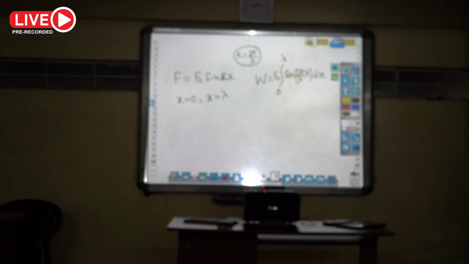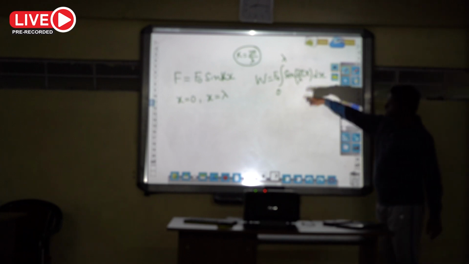The integral of sin x dx will be minus cos x plus some constant, but the constant is not required because it is a definite integral. If it is sin kx dx, its integration will be minus cos kx by k, because that constant has to be divided.